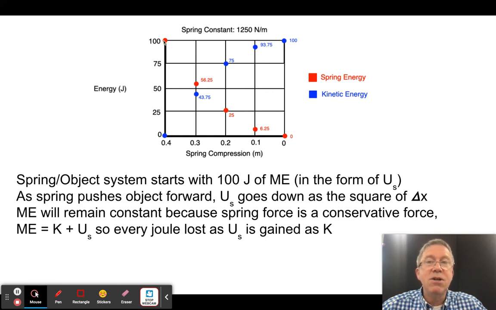So I know it has to go from 100 to a quarter of that when I get to half the compression. And so basically, I'm going to get this pattern. 0.75 squared gives me this much, 0.5 squared gives me 0.25, 0.25 squared gives me this. So I'm going to get this pattern here as it drops down to 0.